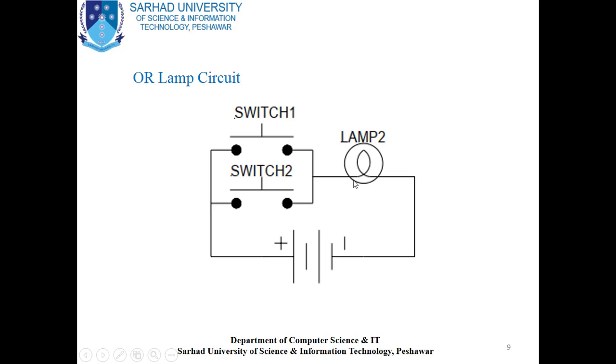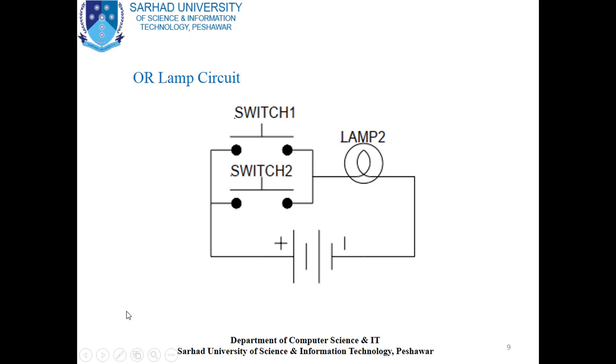The first terminal of lamp 2 has been connected with switch 1 and switch 2 like this, and the other terminal of lamp 2 has been connected with the negative terminal of the DC battery. Here we connected the DC battery in order to provide power to the circuit. So this is the OR logic or OR circuit. Here you can see switch 1 and switch 2 which are connected in OR form.